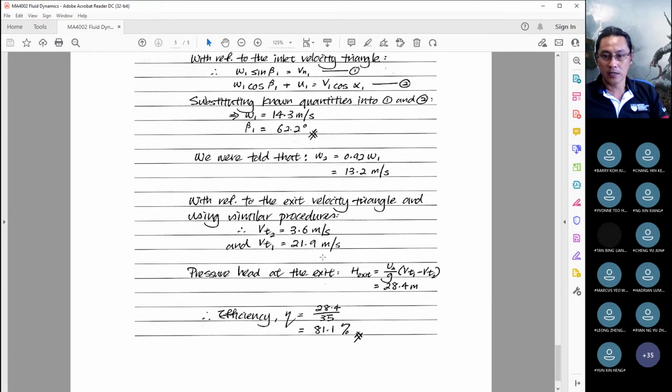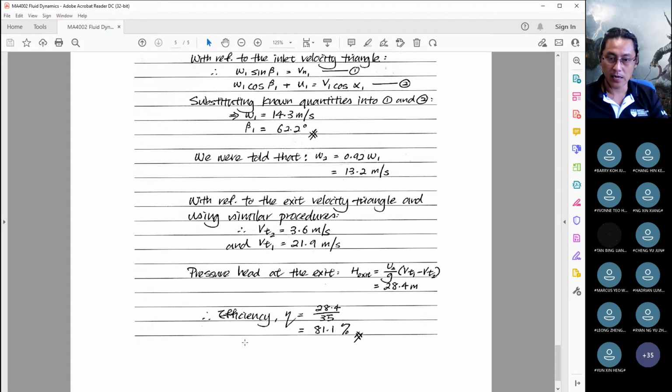Now, once you know what's VT1 and VT2, in this case VT2 is about 3.6 meters per second, VT1 is 21.9 meters per second. Chucking them all in here, and surely you know what's U2, because U is the same, you can find out that the pressure head here at the exit is 28.4 meters.